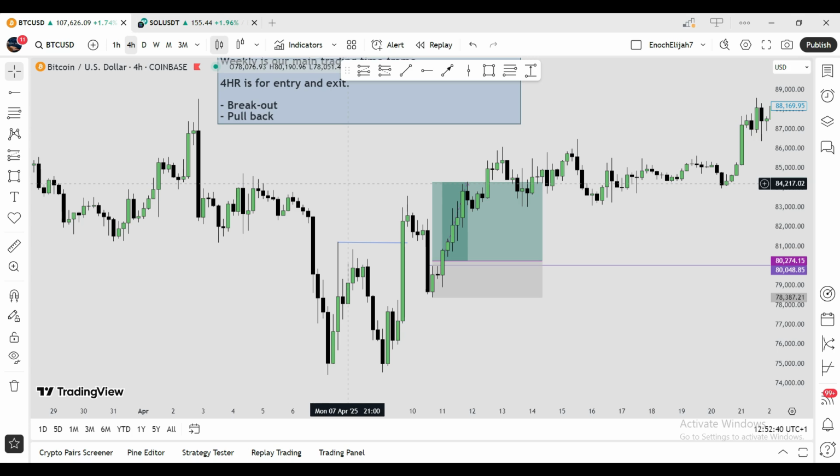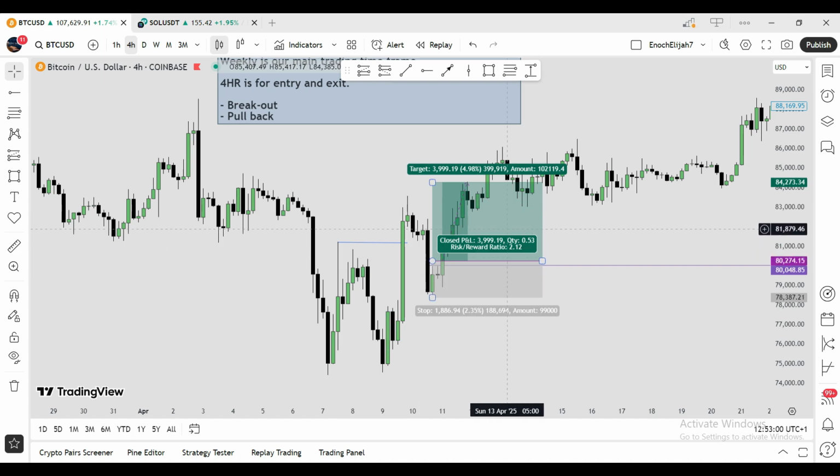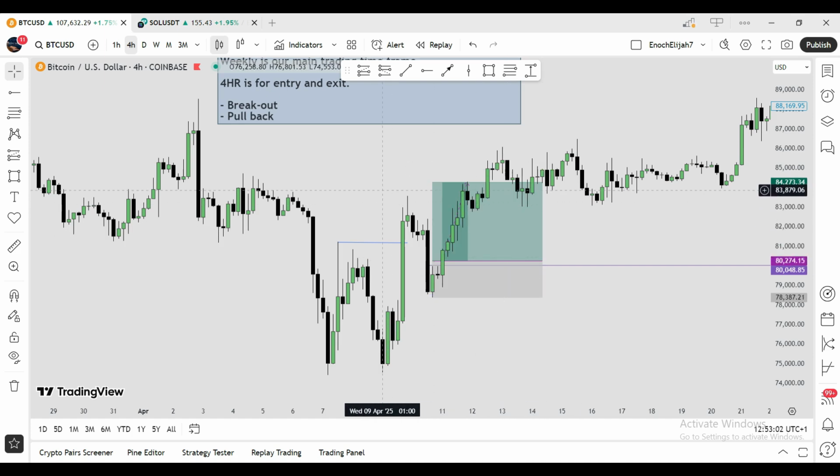Now, how do I manage my trade? Each time price makes a new high with a new candle that closes above the previous bullish candle, I will move my stop loss to the recent low of the closed candle. I will show you an example of that in live market action.